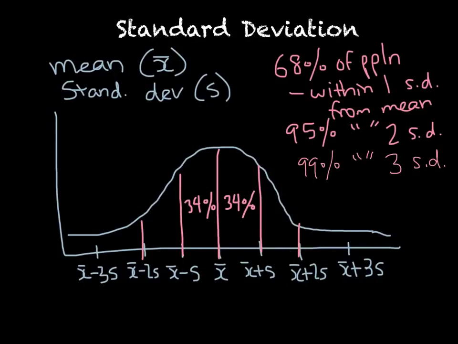If we subtract 68 from 95 and divide by 2, we end up with 13.5. So that's the percentage in this range here. We can do the same for these ranges, and that gives us 2% here, 2% here, and we're left with 0.5% on the ends.